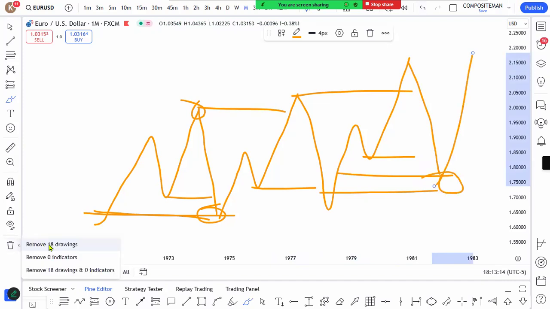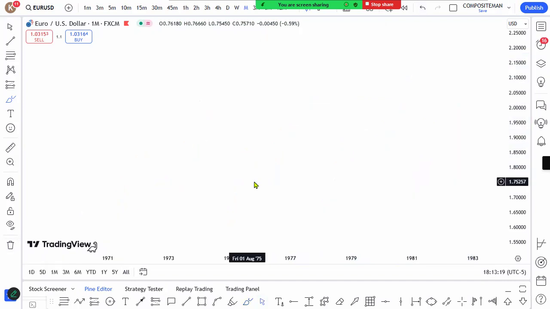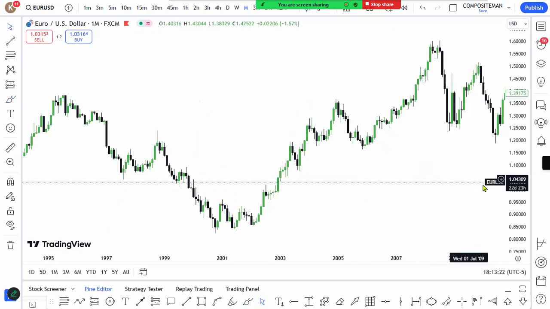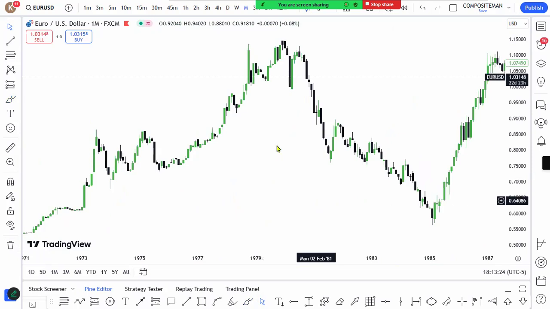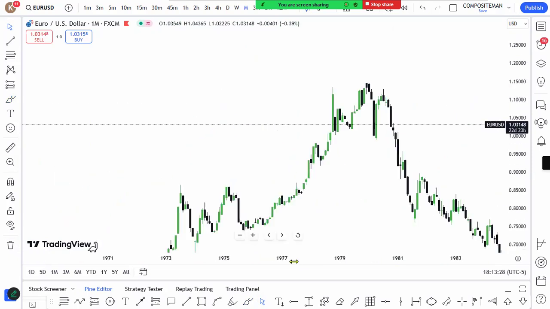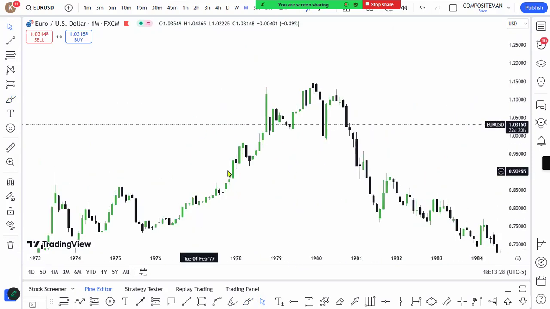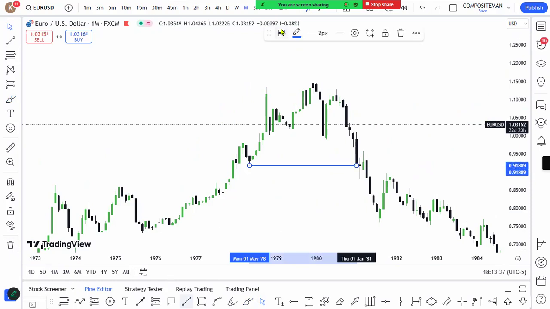So let's have a look at this, and when you look back, this is where this pair started from, pushing to the upside. You can see here in this pair, my first pullback, I'll pick this one because it's more visible.